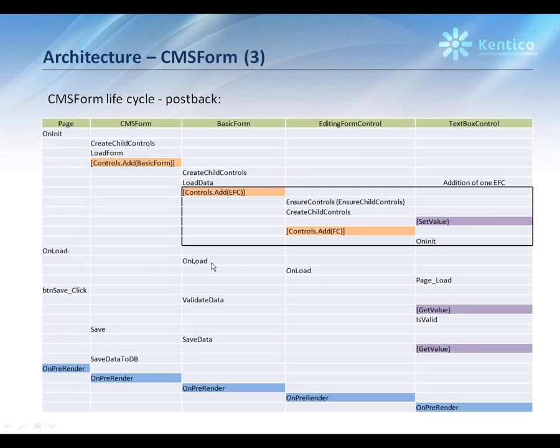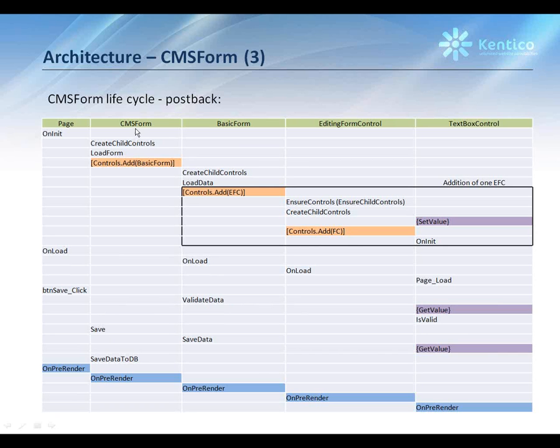Then all of the onLoad methods are called, page load of the form control, and the interesting part here is that we call some kind of button save click event that initializes the BasicForm validation system, which tries to get the value from the form control and validate the data within the form control, so the isValid method is called.